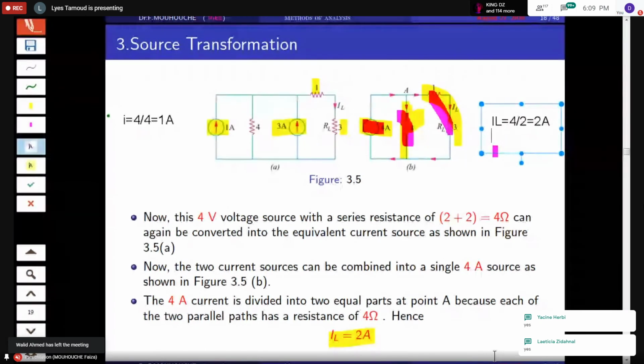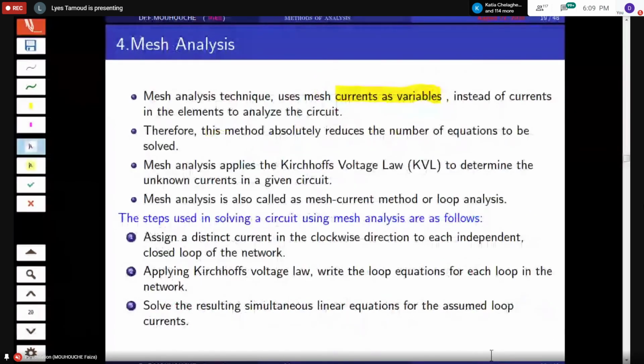Now we will go to the mesh analysis, the first method to analyze the electric circuit. The mesh analysis technique uses mesh currents as variables, as I said, instead of currents in the elements to analyze the circuit. Therefore, this method reduces the number of equations to be solved.